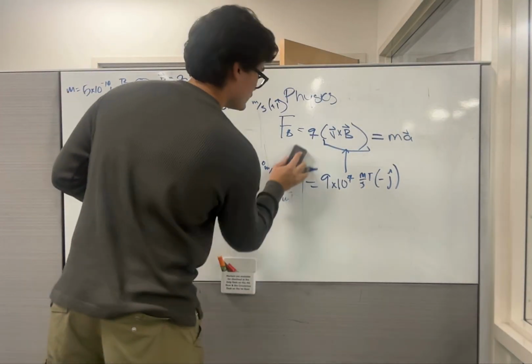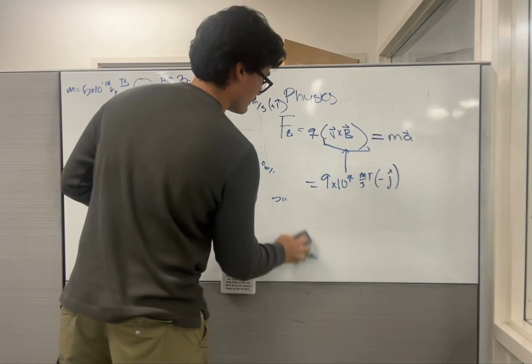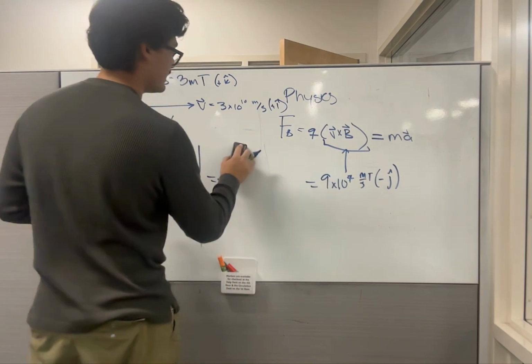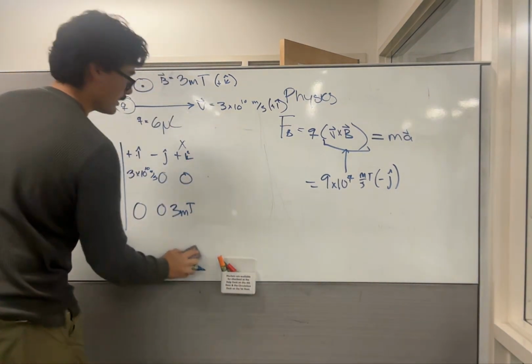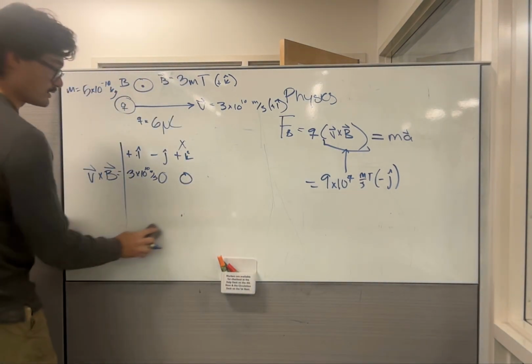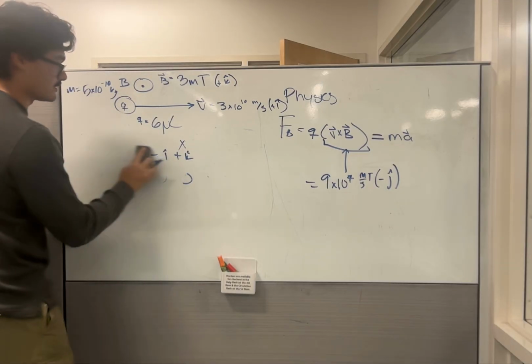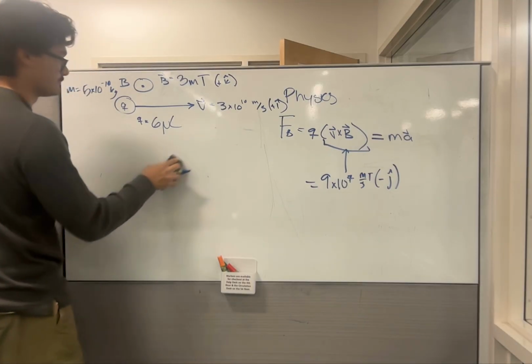Let's start solving for acceleration so we can prove that if the vectors of v and B are already orthogonal to each other, the tangential acceleration is going to be equal to 0, and the normal acceleration is going to be equal to the total acceleration.